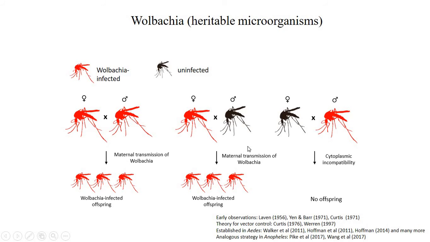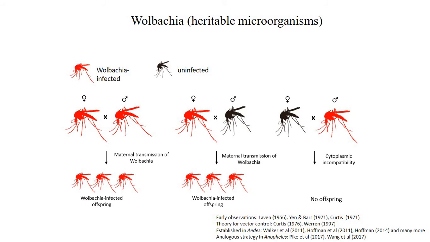However, if there is an uninfected female and an infected male, this leads to cytoplasmic incompatibility, and this will be sterile. There will be no offspring. So again, it's a population suppression strategy. As I mentioned earlier, most Aedes aegypti are not infected with Wolbachia in the wild. When we release these males, it's not risky because males don't bite.